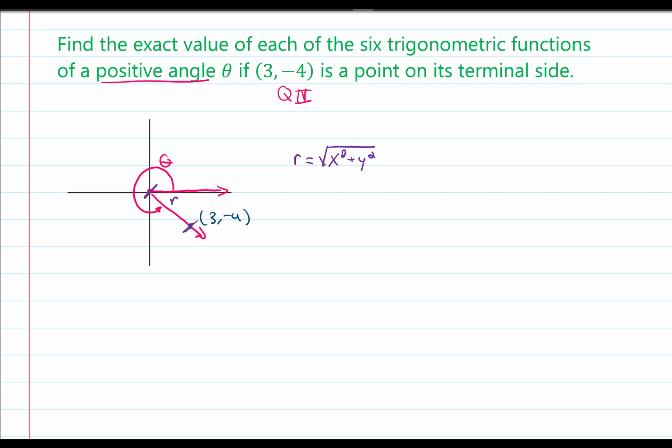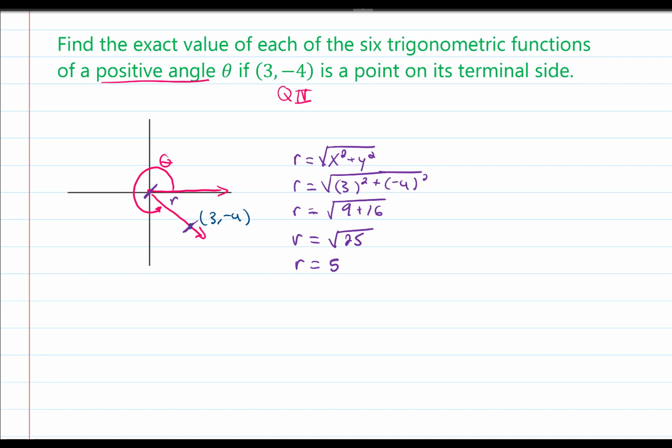Substituting the variables x and y with the values of 3 and negative 4. Remember, always use parentheses anytime you do substitution. So this would be 3 squared plus negative 4 squared. And so r is equal to the square root of 9 plus 16, which means r is equal to the square root of 25, which means r is equal to a value of 5.